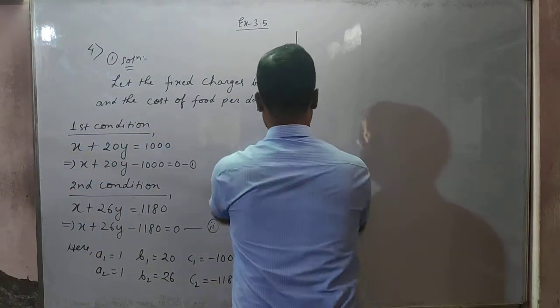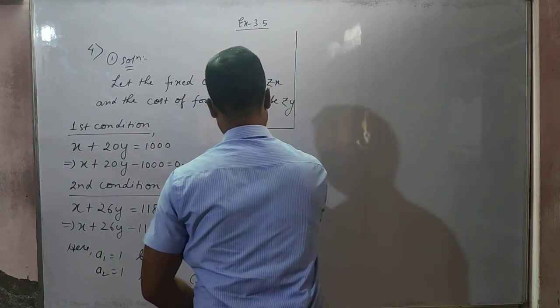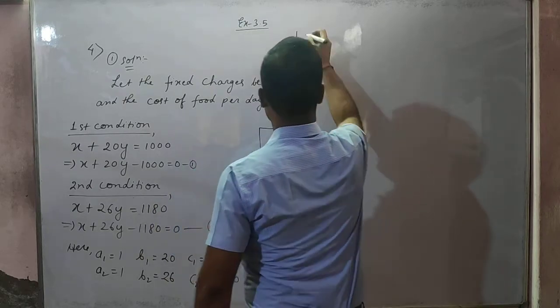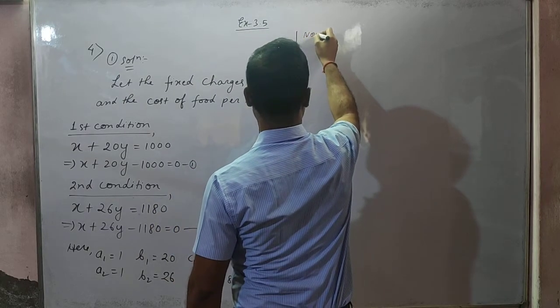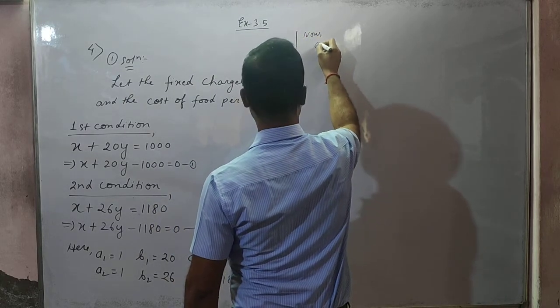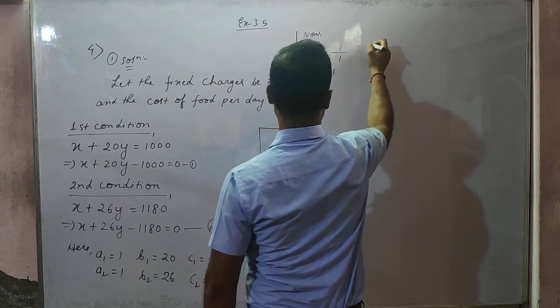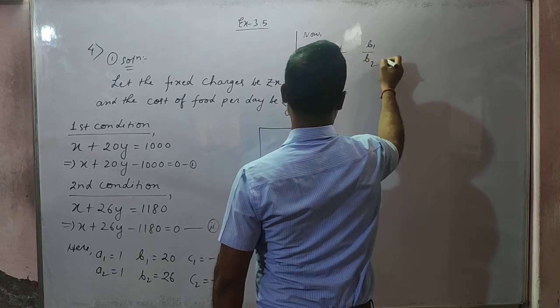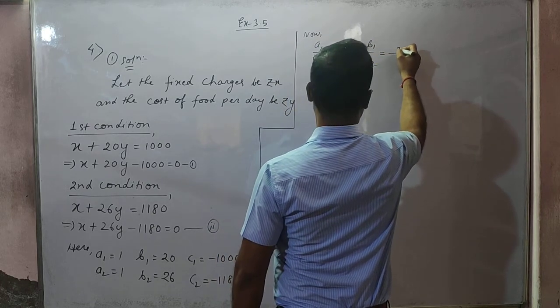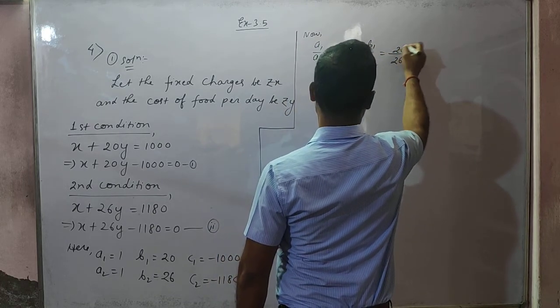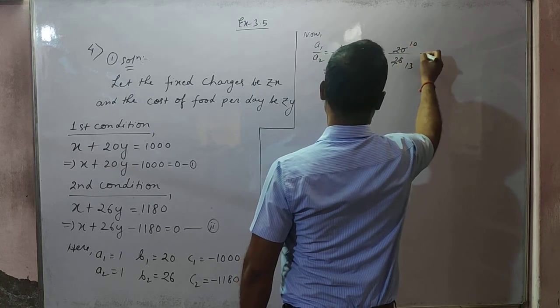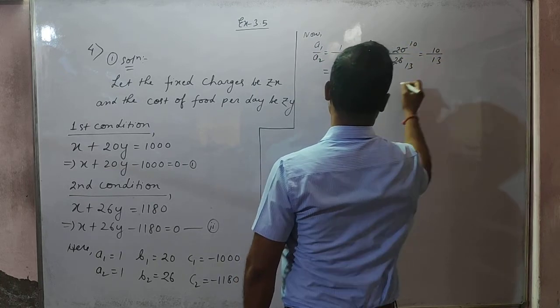So students, now A1 by A2 is 1 by 1 is equal to 1 and B1 by B2 is 20 by 26, that is 10 by 13.